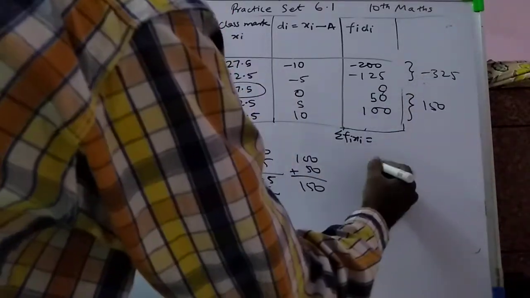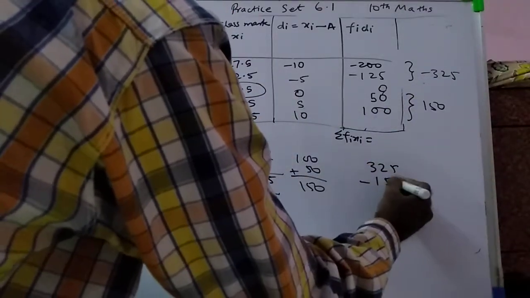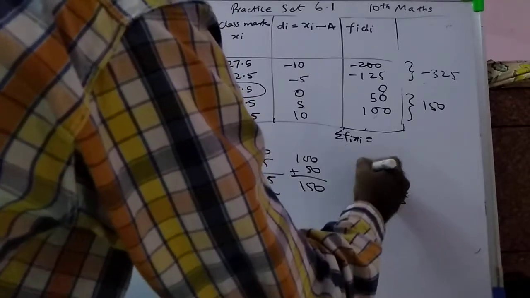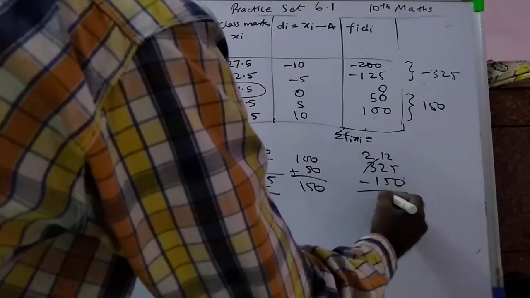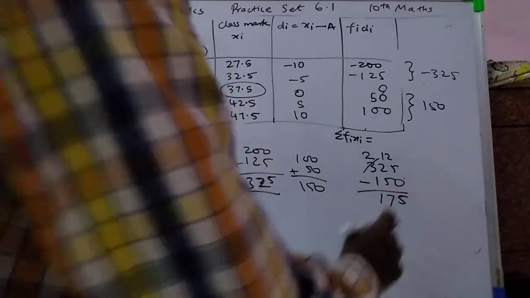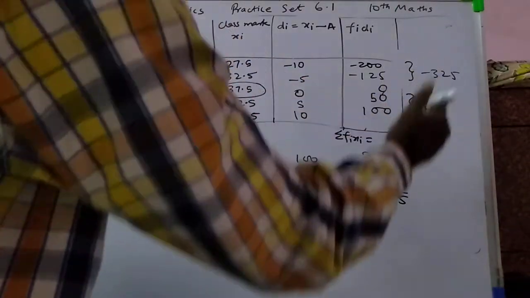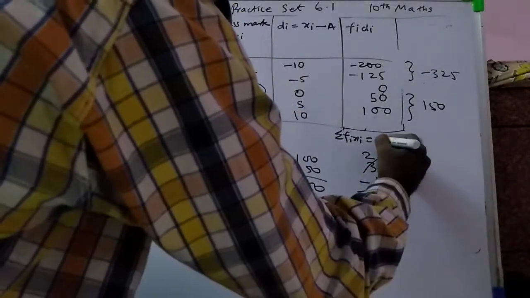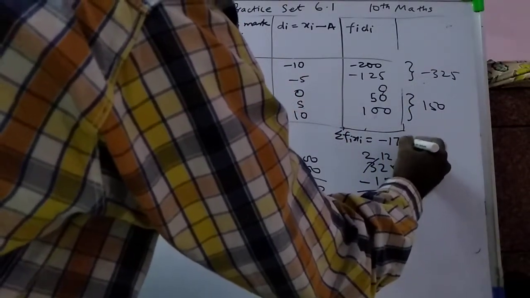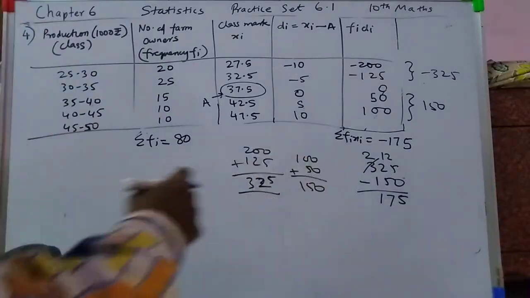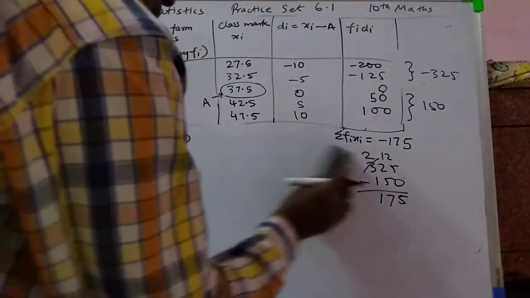Now you have to subtract it, 325 minus 150, that is 175. But here minus is big, so you will get minus 175. So this is the answer for this.